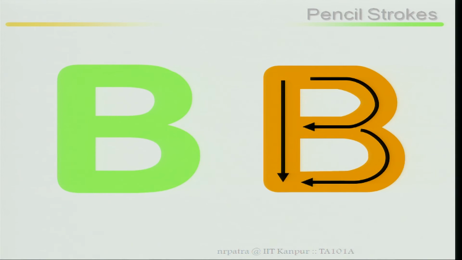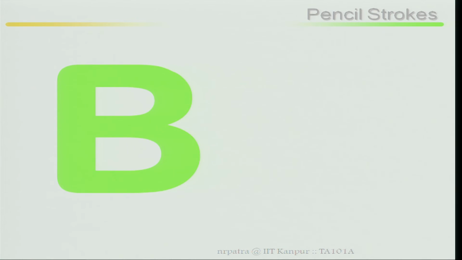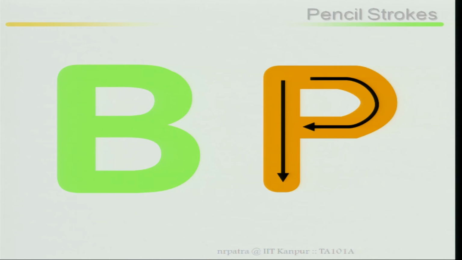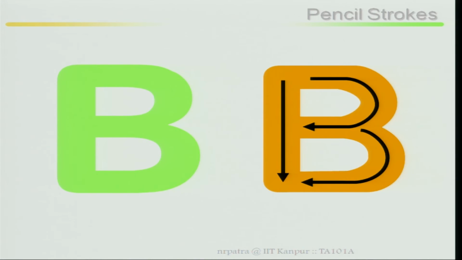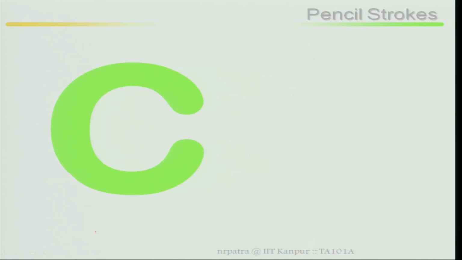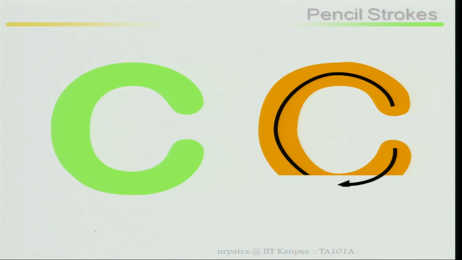Similarly B, look at the B. First stroke, second stroke, then third stroke. It completes your B. Look at this C, how I am writing it. The first stroke goes this way, almost more than half, then you cover with another part.